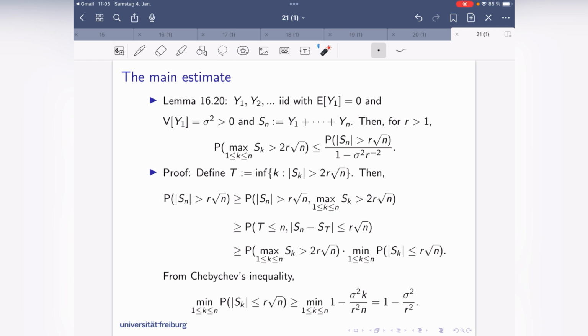And for that I can use Chebyshev's inequality: 1 minus the variance of Sk, which is sigma squared times k, divided by the square of r square root of n. Still I have the minimum here, and the minimum occurs at the maximum k. Then I have 1 minus sigma squared over r squared. I'm multiplying this on the other side, and I have exactly my main estimate from here.